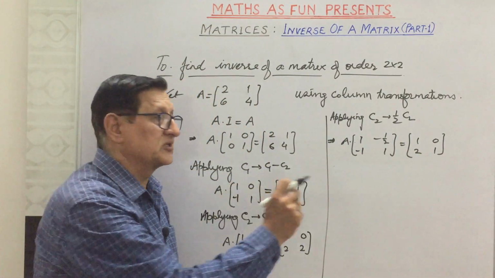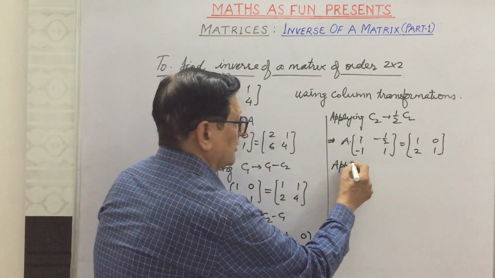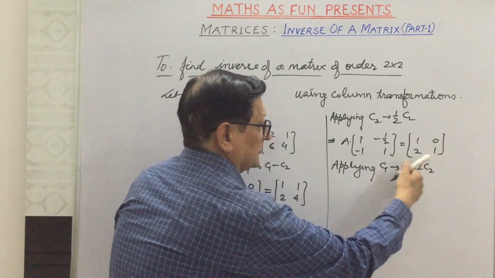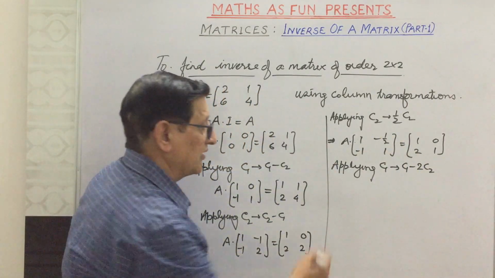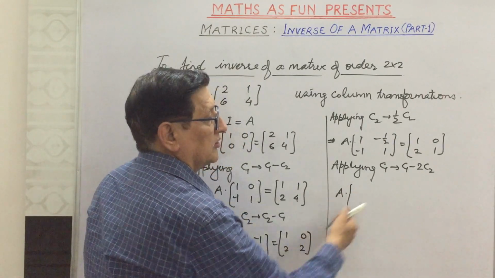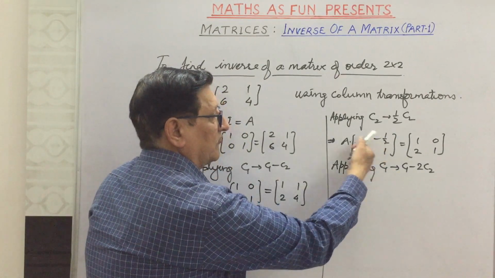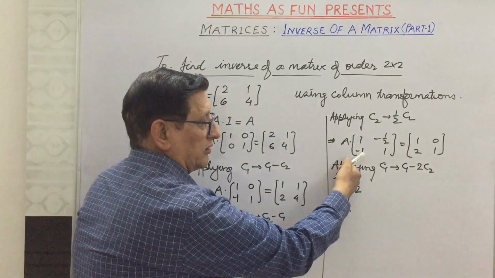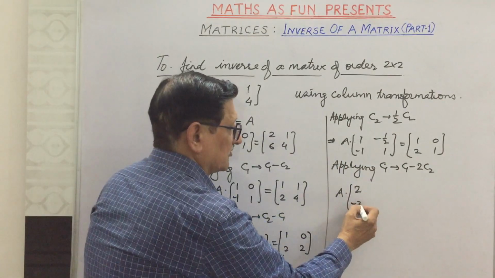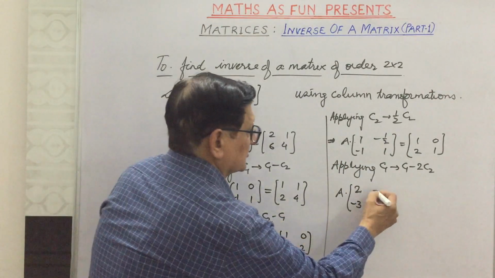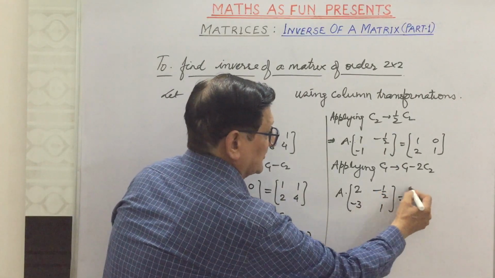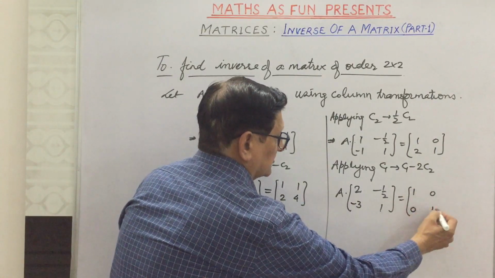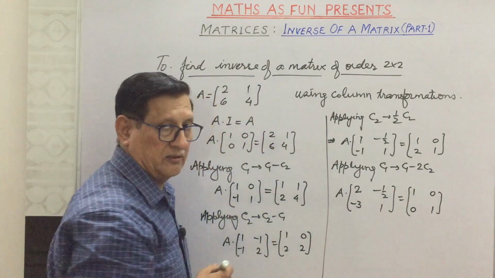So we apply now the operation in column 1, applying C1 minus twice of C2 to make it 0, and we get here A into C1 minus twice of this is 1, 1 plus 1 is 2, minus 1, that is minus 2, this will be minus 3, this is minus half, and 1 is equal to C1 minus twice of C2, this is 1, this is 0, 0, 1. It is converted into I.